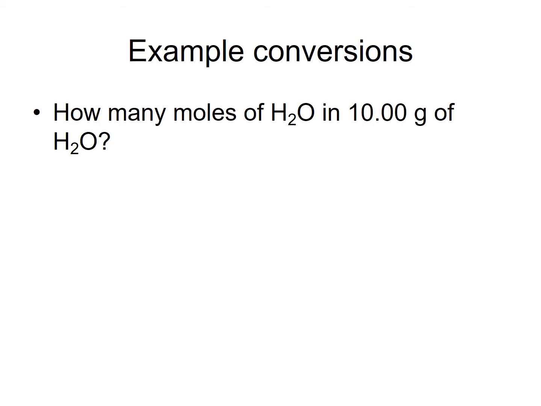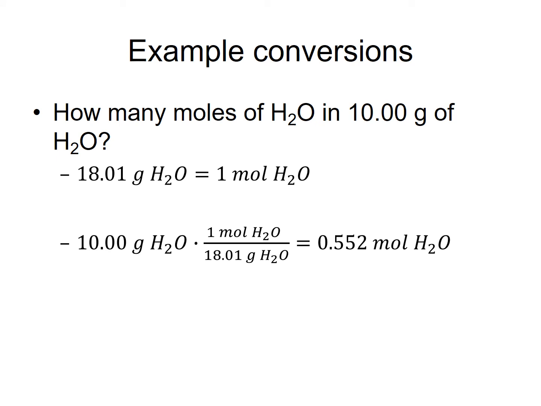So here's an example. How many moles of water in 10 grams of water? Well, we get this relation from looking up the molecular weight, adding two hydrogens and an oxygen. We get 18.01 grams of water is equal to 1 mole of water. Then we can do the calculation like this.